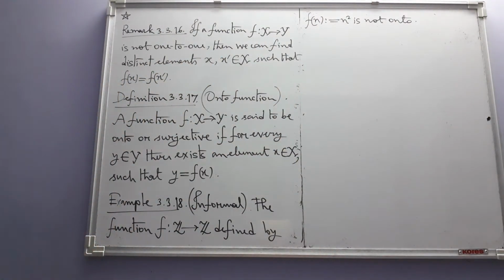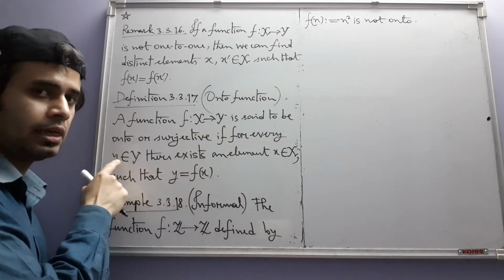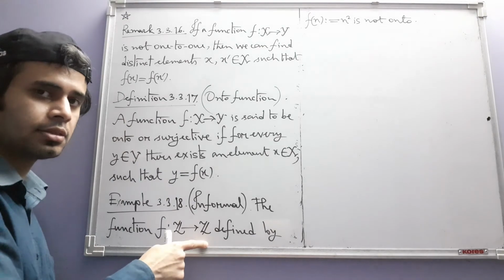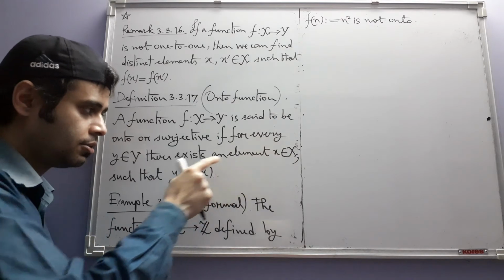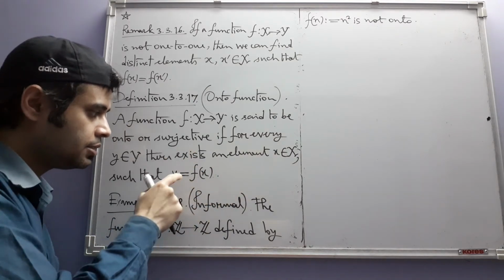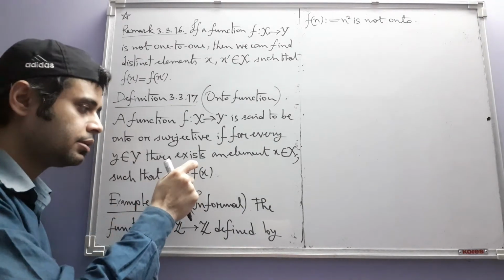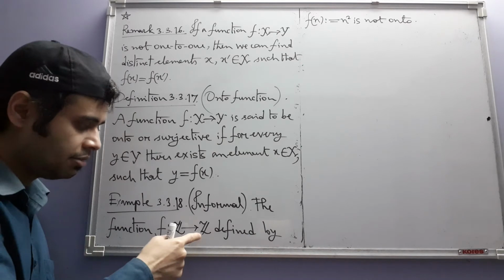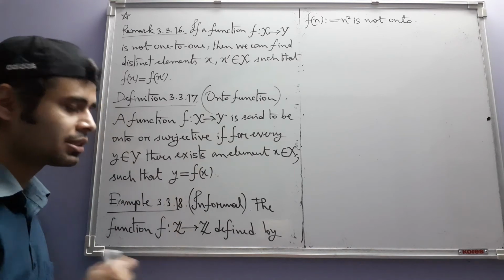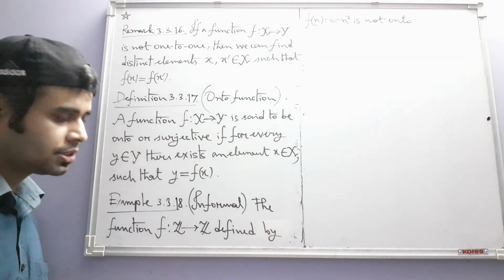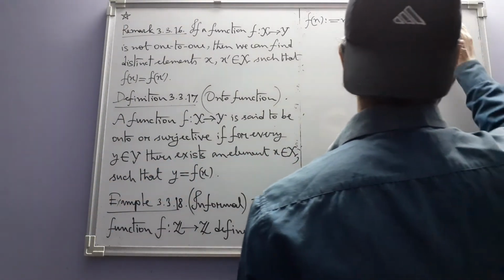For the function to be onto, what is the condition? If I choose any element from the range, any y from the range, in this case the set of integers, then I must have an element from the domain which generates the element y as the output when the input is that element. Now if I choose any integer, do I have it as the square of some integer? Of course, that's not always possible. In fact, a counterexample can be easily produced.